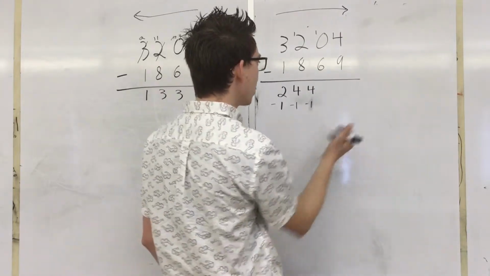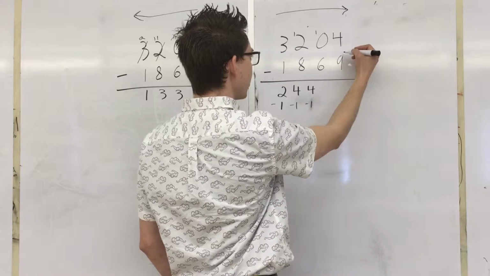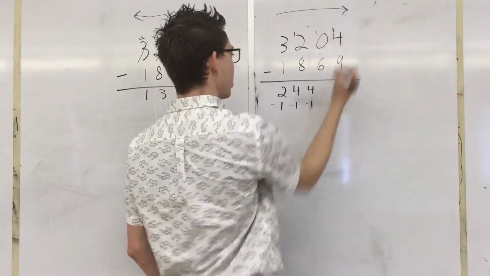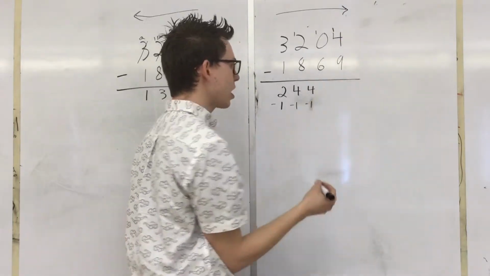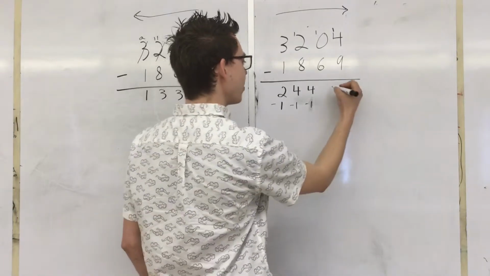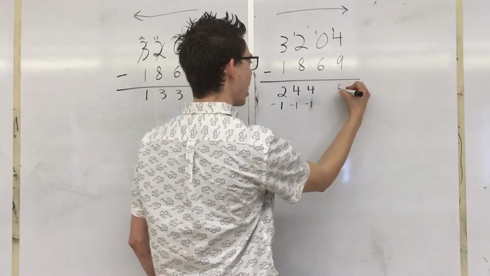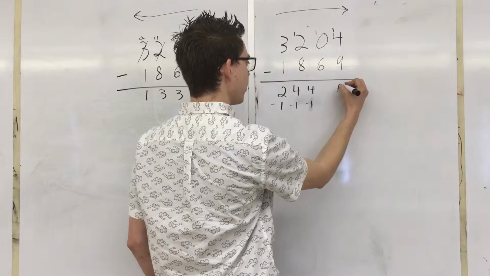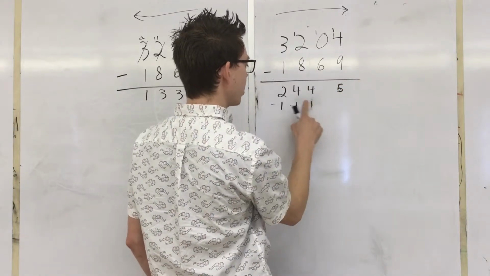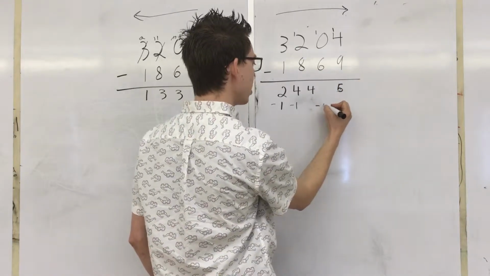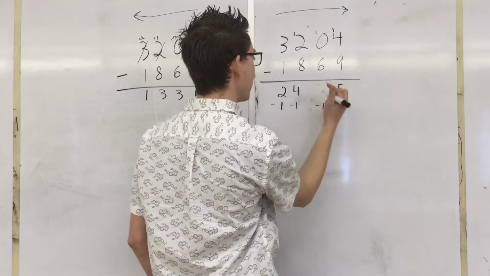So, I'm gonna borrow that again. That turns into 14. 14 minus 9 is 5. Okay, excellent. And I did not line these up very well, so I am going to rewrite these just so they're lined up a bit better.